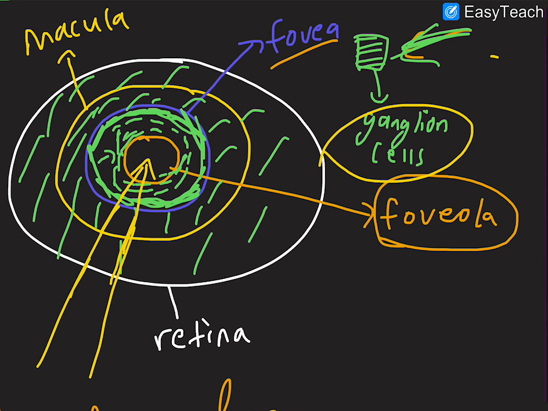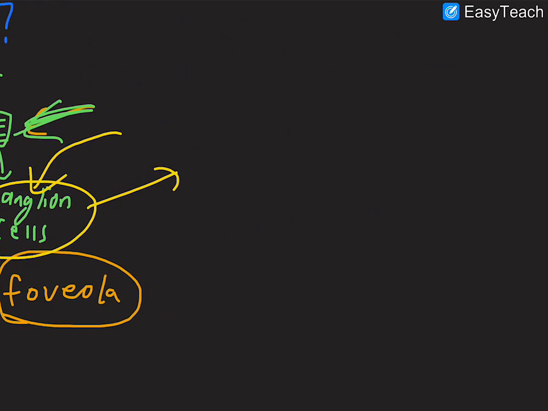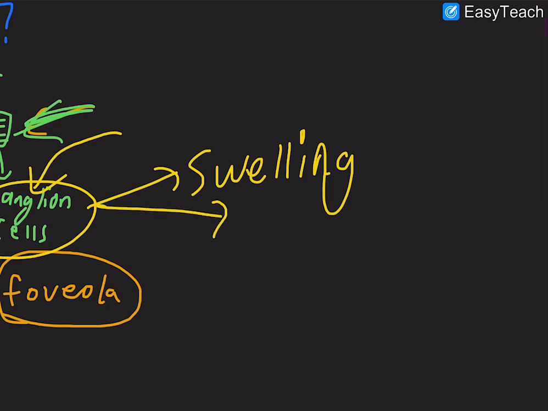So if GM2 ganglioside builds up in the lysosomes of the retinal ganglion cells, what that leads to is these retinal ganglion cells swelling up, okay? They swell because of the buildup of the GM2 ganglioside, and they look pale. They have a pale appearance to them.